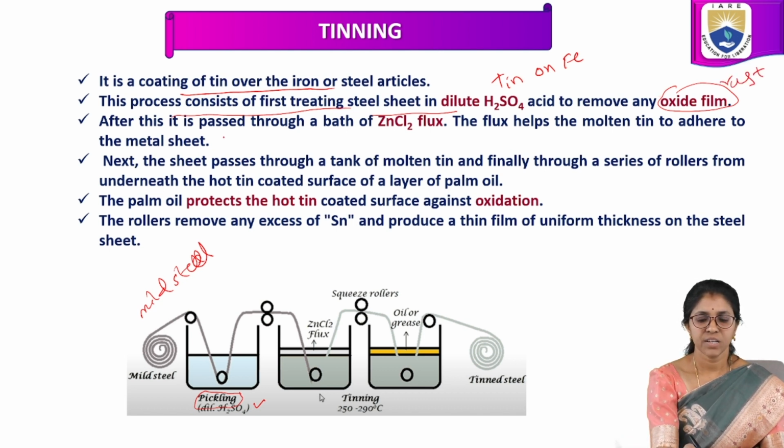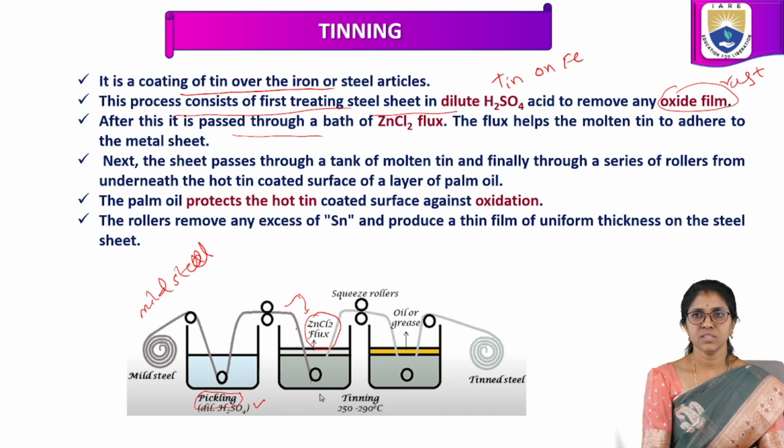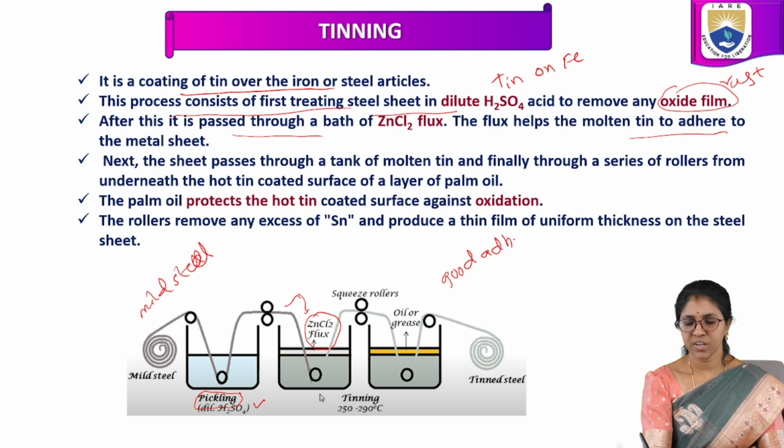After this, it is passed through the zinc chloride flux. This flux is used for the molten tin to adhere to the metal sheet, for good adhesion of the coating metal on the base metal, and it prevents the oxidation of the molten metal.